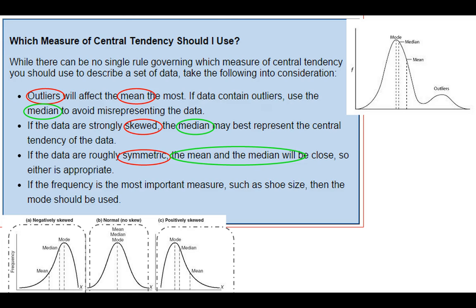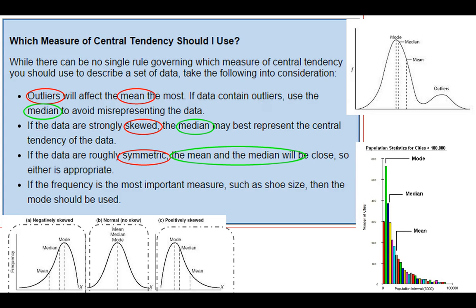I will point out that in this case, you are most likely to use the mean, because the mean allows you to do certain computations that you cannot with a median, and definitely not with a mode. Now, if frequency is the most important measure, so examples are shoe sizes or city population sizes, then you should use the mode.